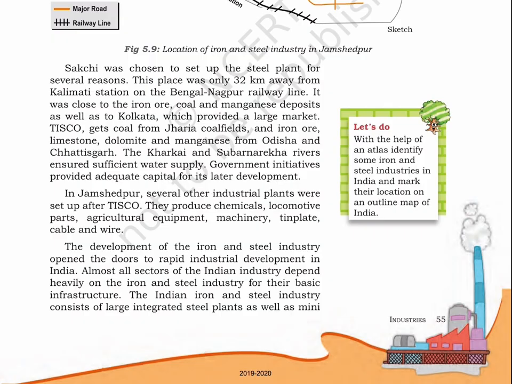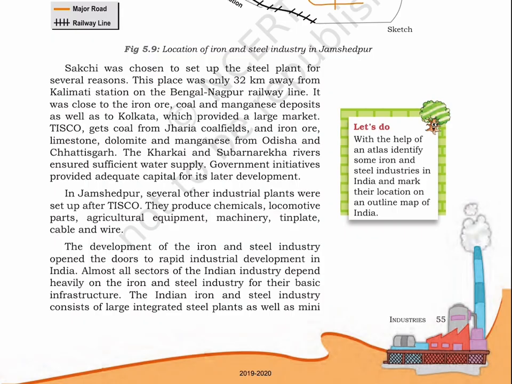In Jamshedpur, several other industrial plants were set up after TISCO. They produce chemicals, locomotive parts, agricultural equipment, machinery, tin plate, cable and wire. The development of the iron and steel industry opened the doors to rapid industrial development in India.